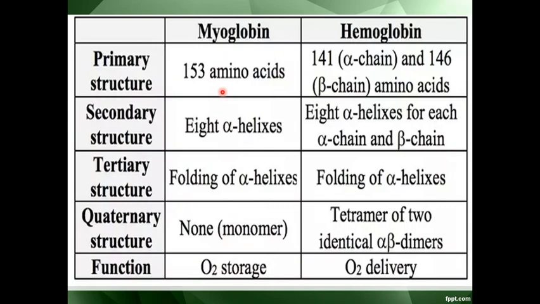Then we come to the secondary structure. Secondary structure means that it is a folded structure. The protein takes the shape of a helix, that is a coil structure, or it is present in a sheet form, which is known as the beta sheet. Then the further folding of the secondary structure takes place and it forms a tertiary structure.